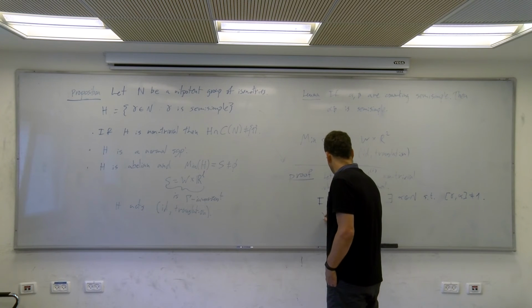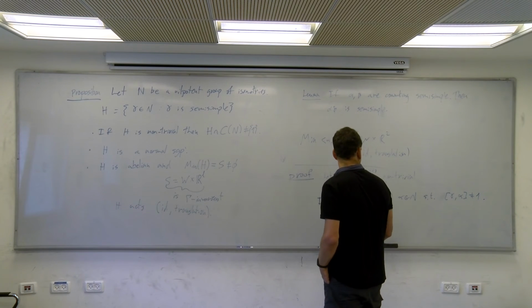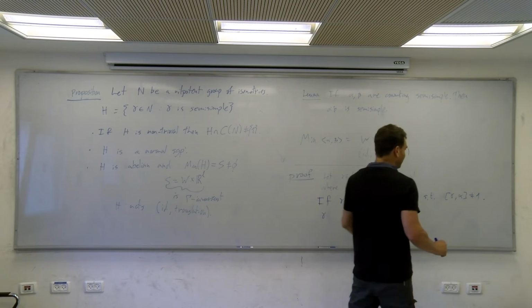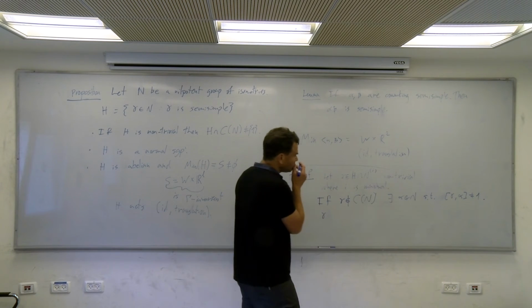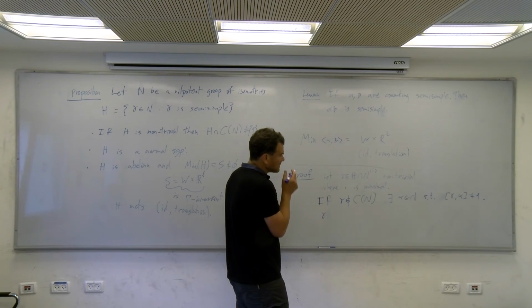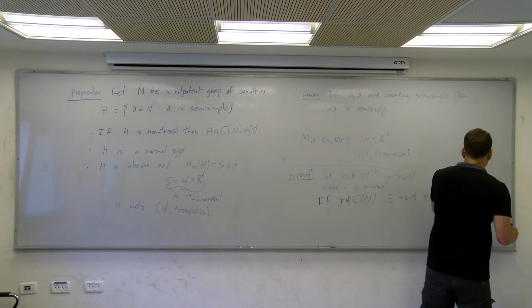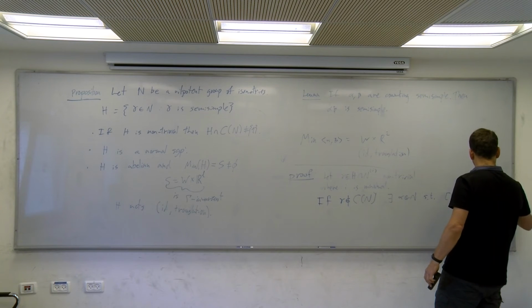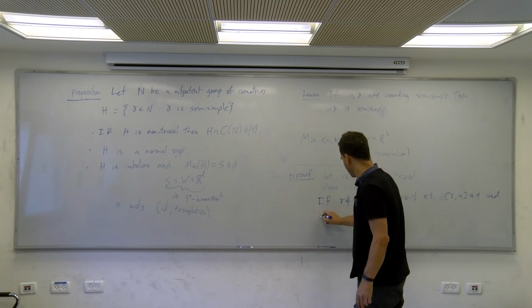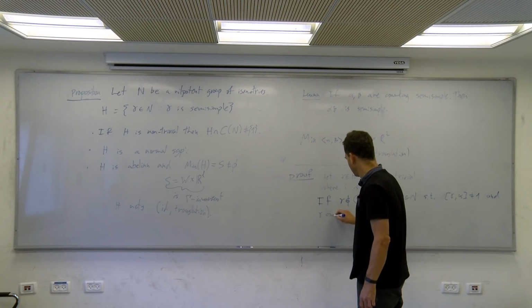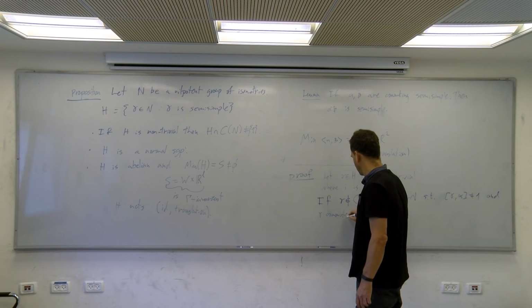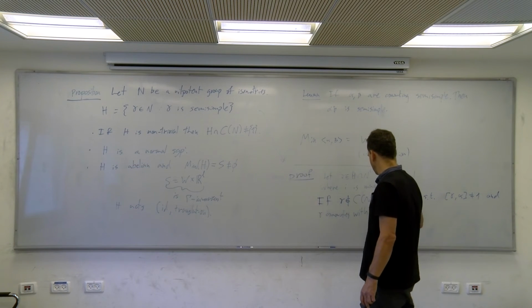But what do I have? The commutator is not trivial and gamma commutes with the commutator of gamma and alpha.